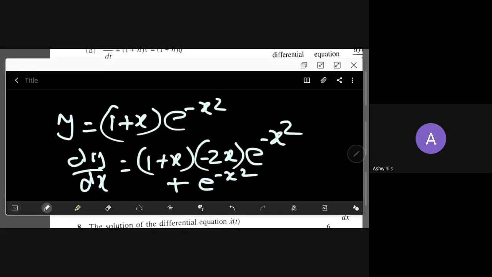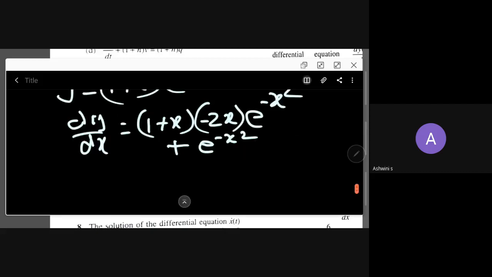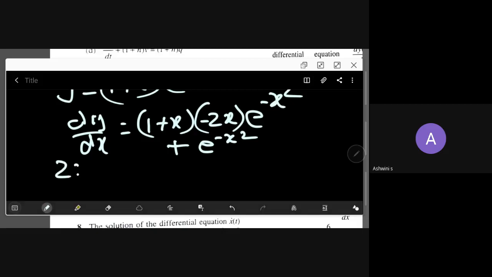Now we look at 2xy. Plus 2xy we need to see. What is 2xy? 2xy is 2 into 1 plus x into e power minus x square.